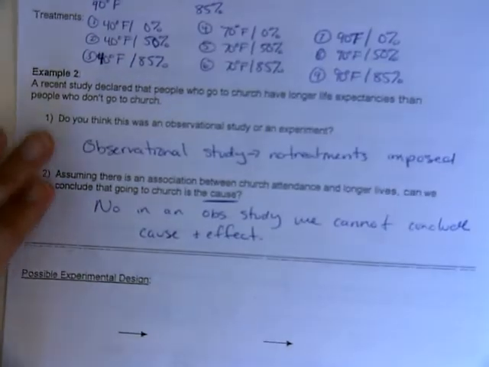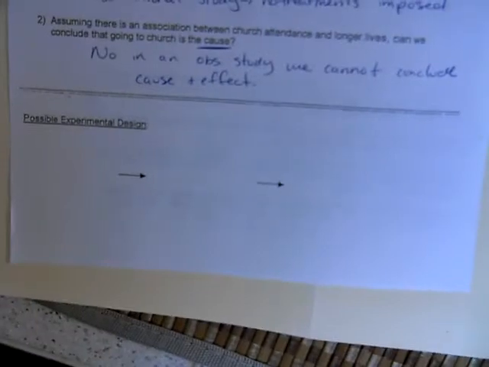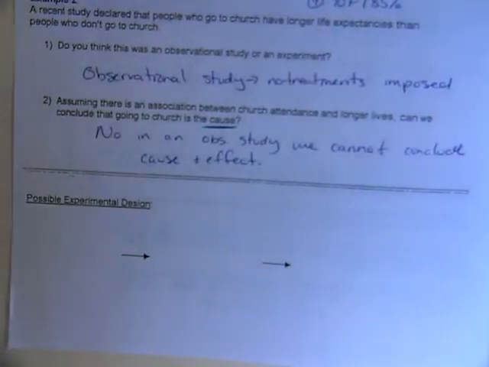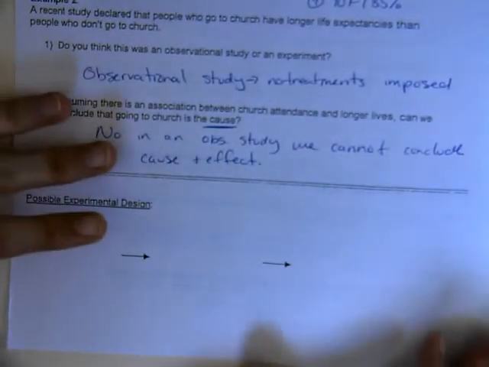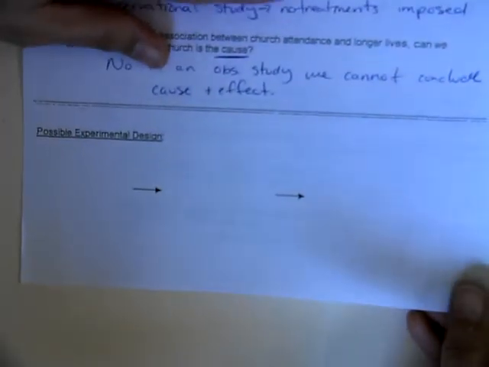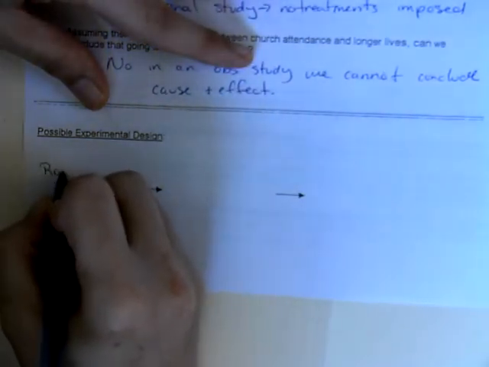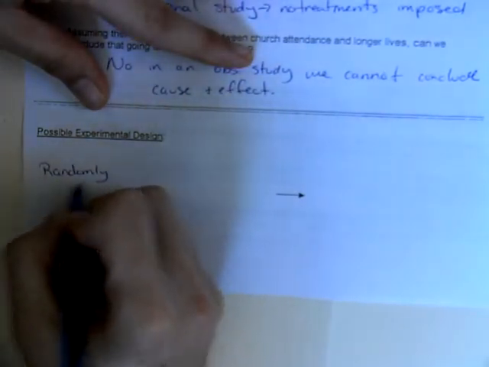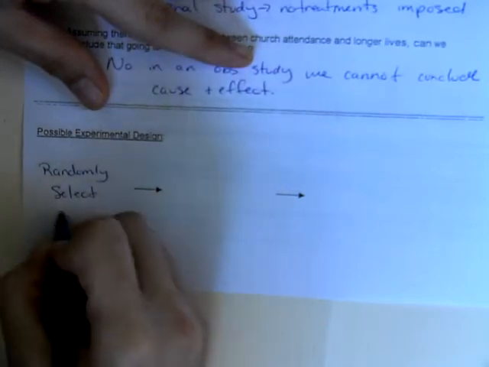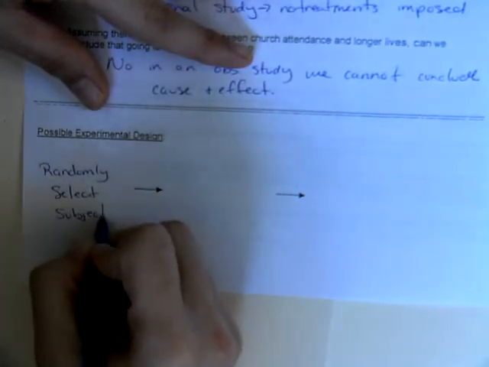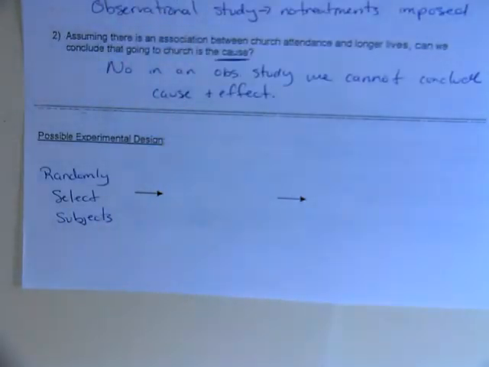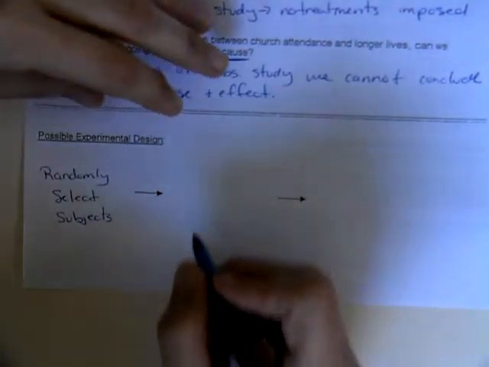So for an experimental design, at the bottom here, we're going to do a very general form of the experimental design. Like I said, we'll get more into that with 2.4. But just in general, what an experimental design sort of looks like. Usually we randomly select subjects. So we're going to use all of our random selection techniques that we learned from 2.2.